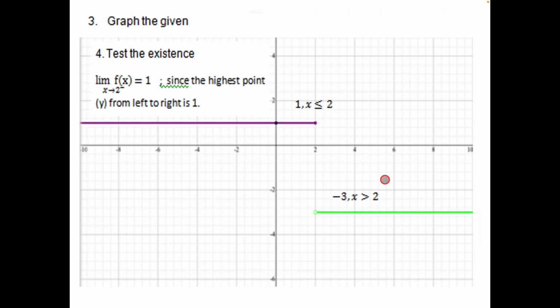Next is to test the existence. So, meron tayong limit of the function of x as x approaches 2 negative, is equal to 1. Bakit siya naging equal to 1? So, yung graph daw is galing sa kaliwa papunta sa kanan. So, from left to right is 1. The highest is 1.